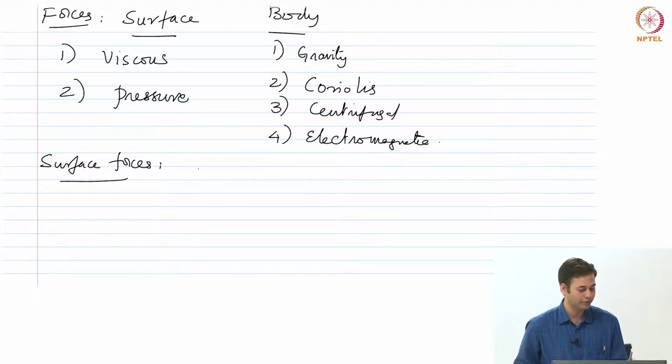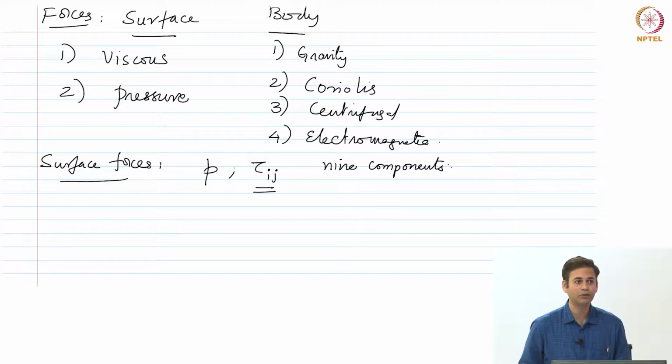So we have pressure acting on a fluid element, and we have shear stresses, or the viscous stresses. Those are represented by tau ij. This is a stress tensor. This has 9 components. Now what is the notation here? We say tau sub ij. What do i and j denote?